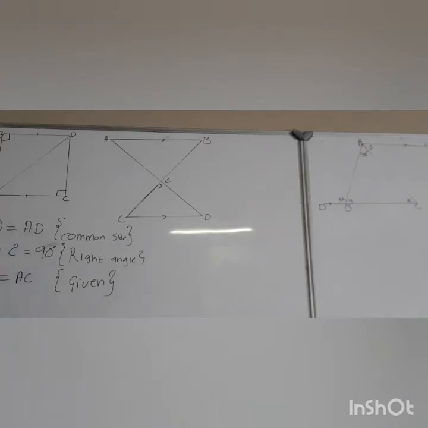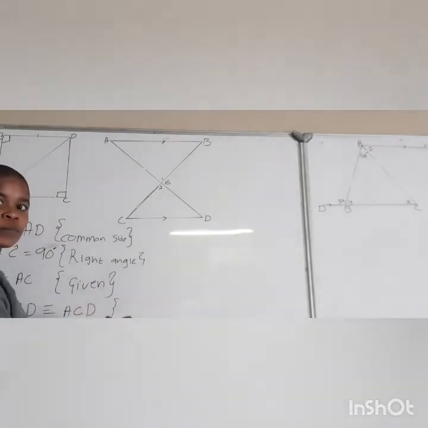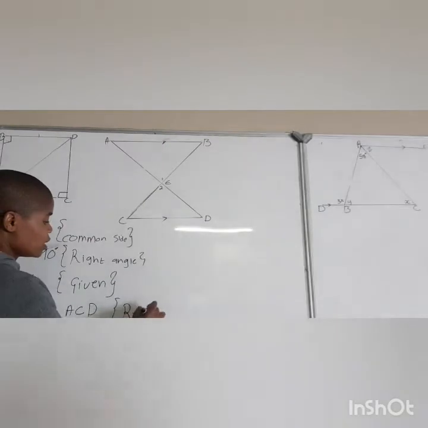Therefore triangle ABD is congruent to triangle ACD. And your reason will be RHS.